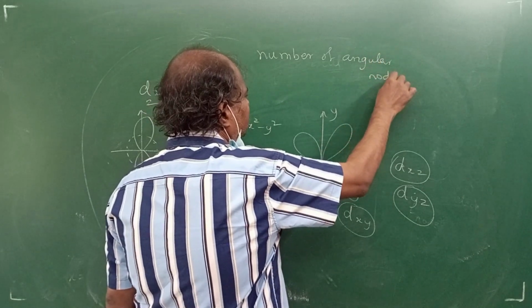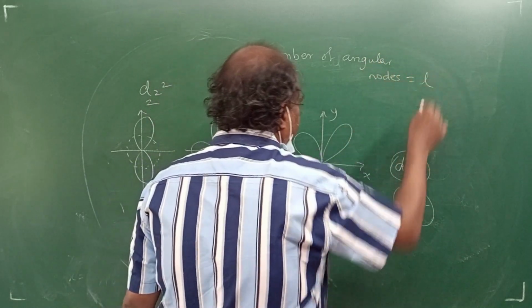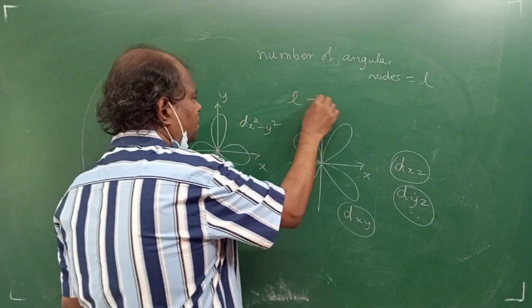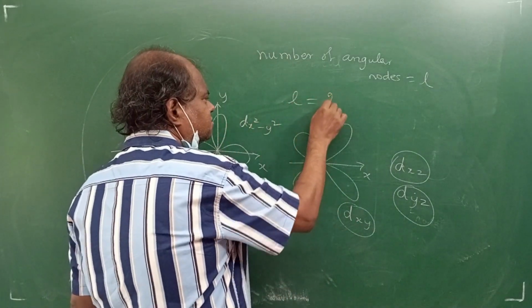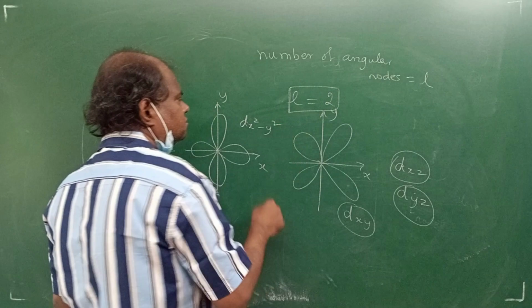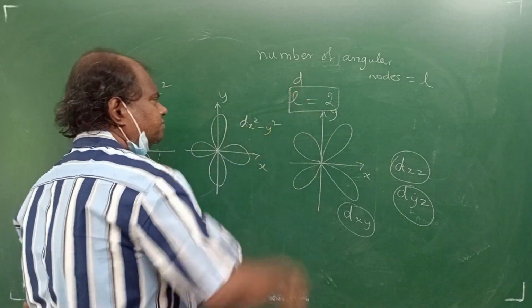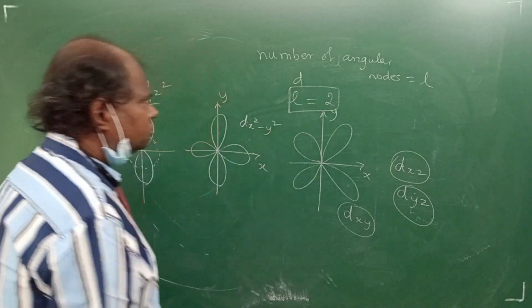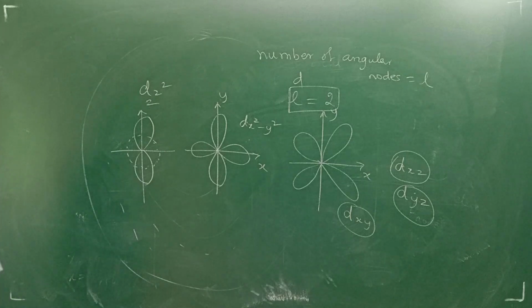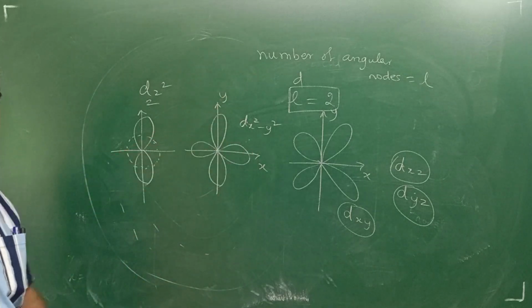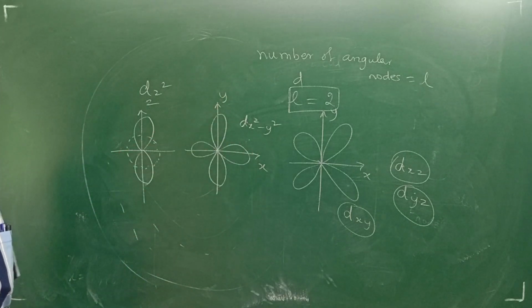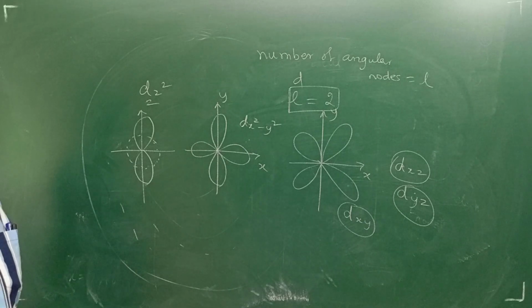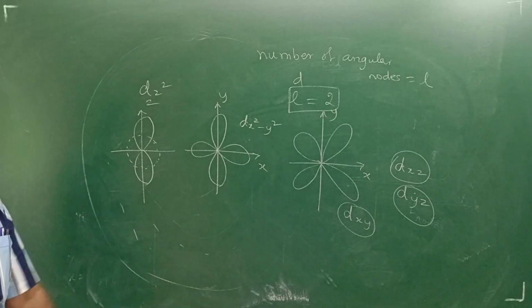The formula is number of angular nodes is equal to L. What is the L value for d orbital? L is equal to 2. So you should get 2 angular nodes, or nodal planes.